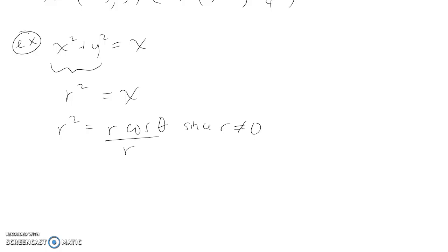I can divide both sides by r, and that leaves me with r equals cosine theta. That is my equation now in polar coordinates, because it has r and theta instead of x and y.